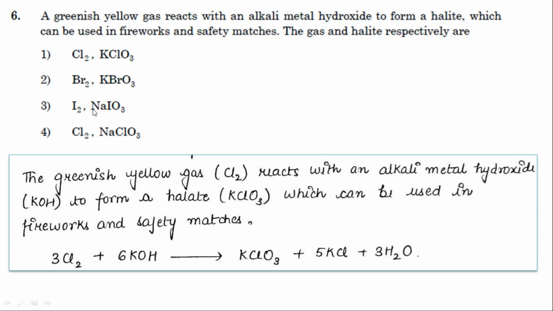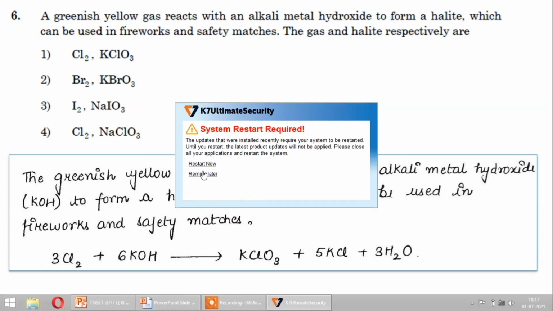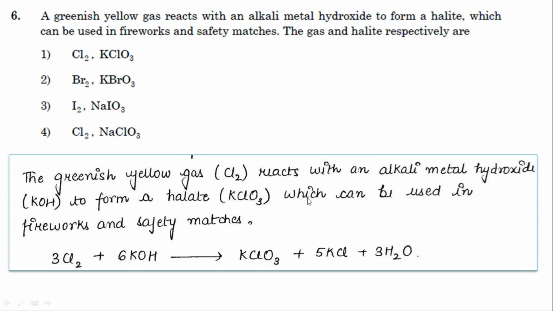In options 1 and 4, chlorine is a greenish yellow gas, and when chlorine reacts with an alkali metal hydroxide like potassium hydroxide, the halide formed is KClO3, which can be used in fireworks and safety matches. So option 4 was ruled out, and the correct option is 1, Cl2 and KClO3.